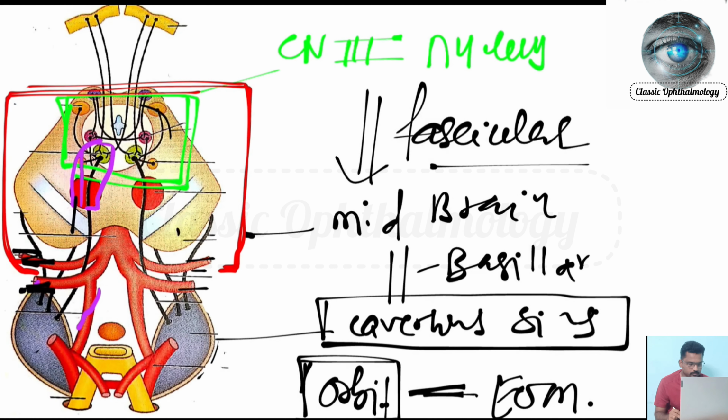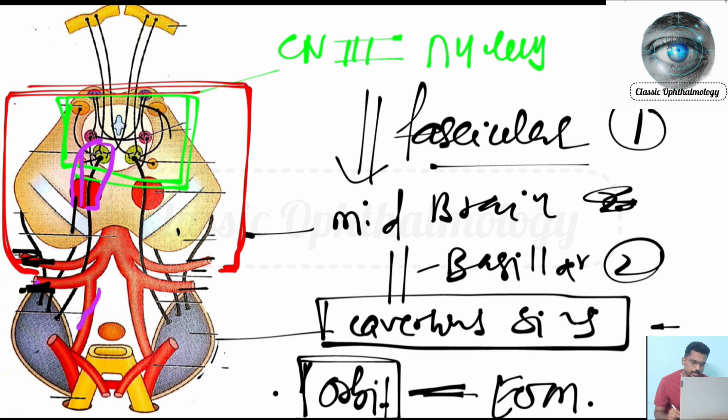So: fascicular part, basilar part, intracavernous part, and intraorbital part. Now in the orbit, the nerve divides into superior and inferior divisions. The superior division supplies the LPS muscle and superior rectus, whereas the inferior, which is the larger branch, supplies the medial rectus, inferior rectus, and inferior oblique muscle.